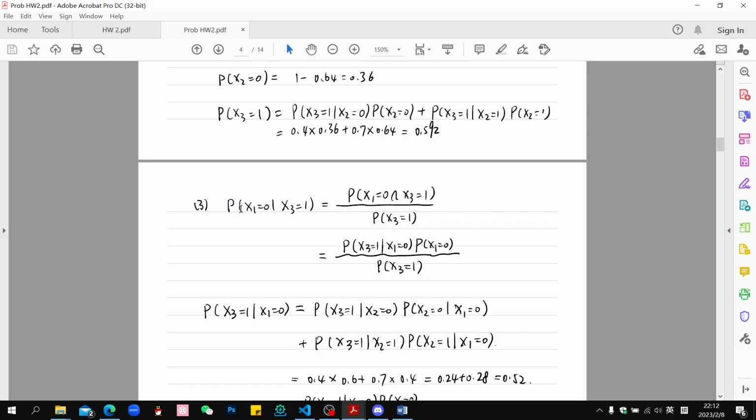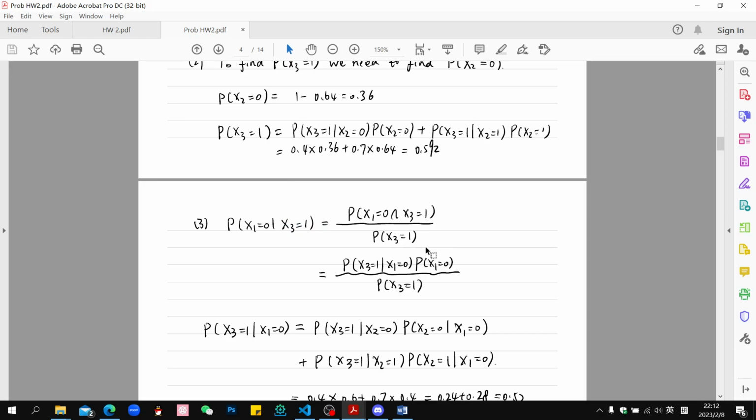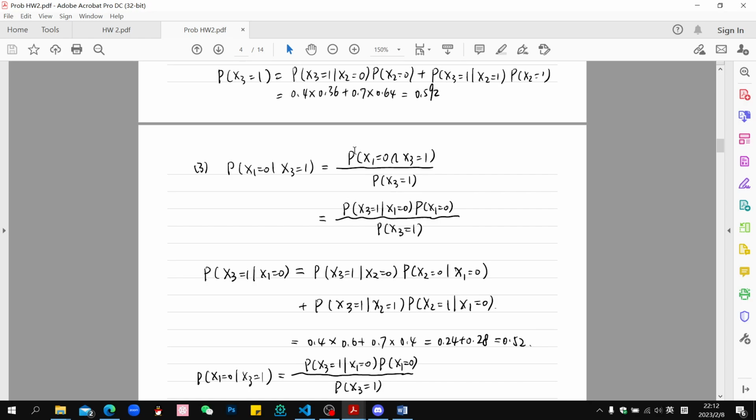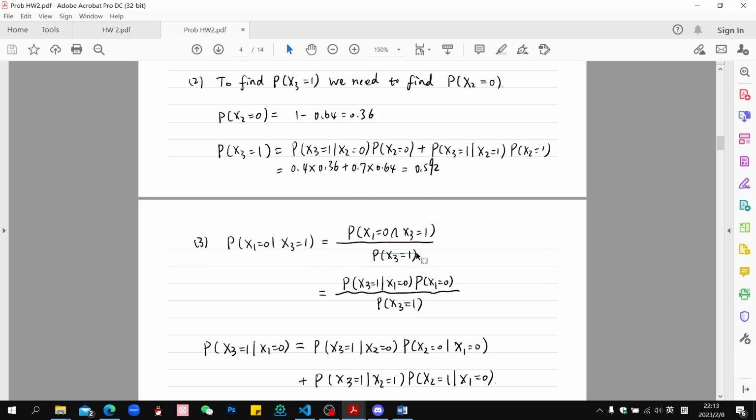And then we have to find this one. The probability for x1 to be 0 when x3 is 1. That basically requires some calculation. So this is the conditional probability, and it equals this: the probability for x1 to be 0 and x3 to be 1 over the probability for x3 to be 1. This one is what we calculated in the previous question. Here, this number.